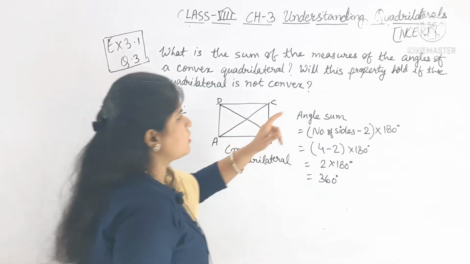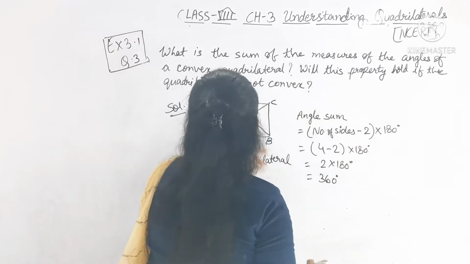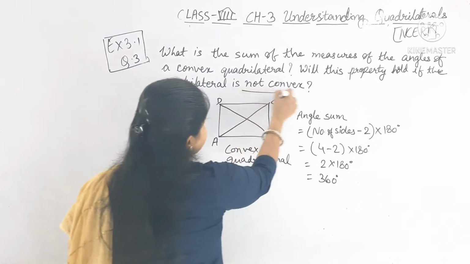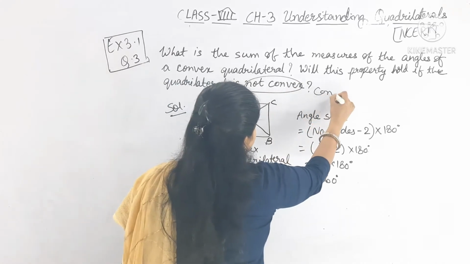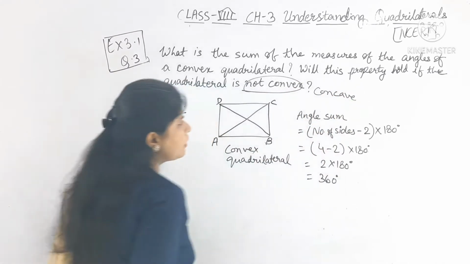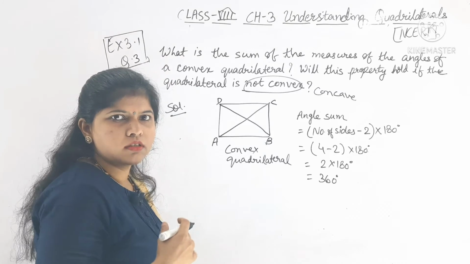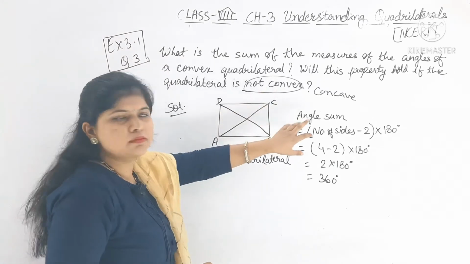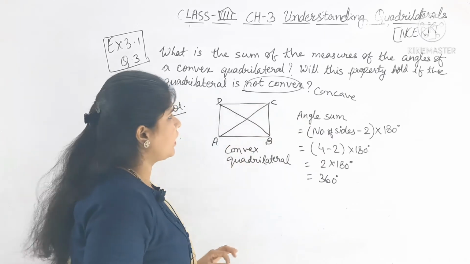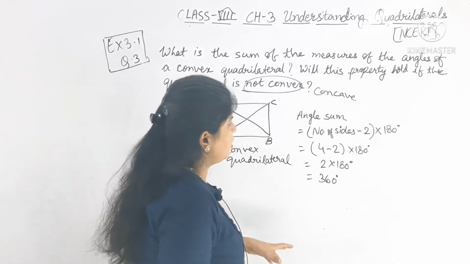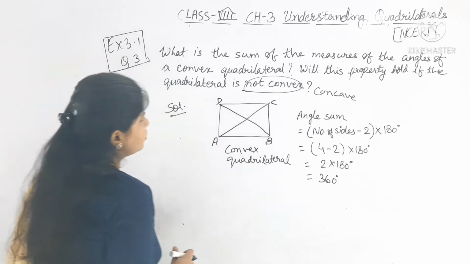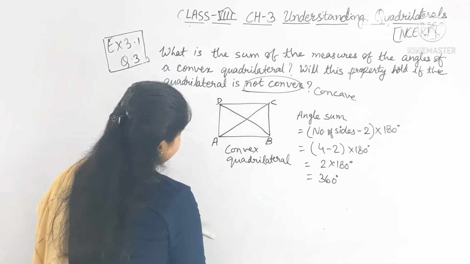Now the second part: will this property hold if the quadrilateral is not convex? Not convex means concave. Okay students, you can see that not convex means concave. So concave means the diagonal should be in the exterior. So let's draw this concave quadrilateral.